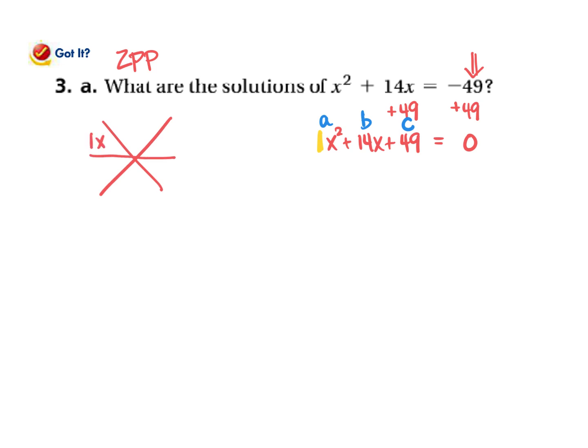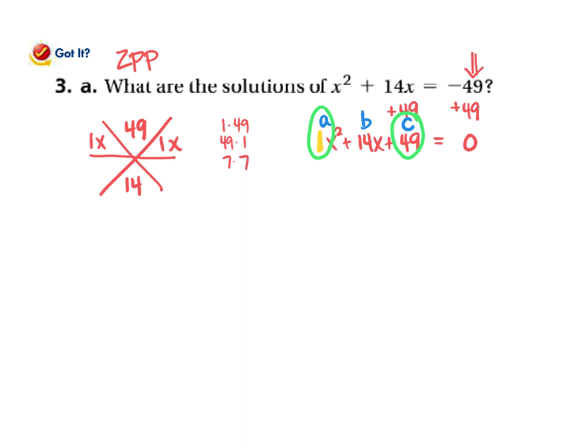So 1x and 1x. Positive 14 goes on the bottom. Remember, the b term always goes on the bottom. And then we look at the combination of a and c. So 1 times 49 is 49. Now, there are not very many ways to make 49. It would either be 1 and 49 or 49 and 1, or it's 7 and 7.